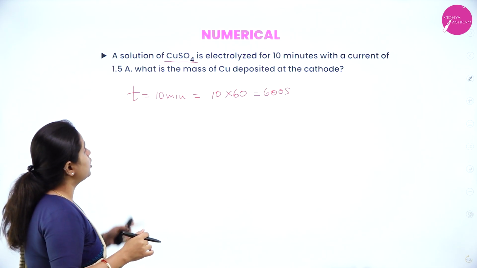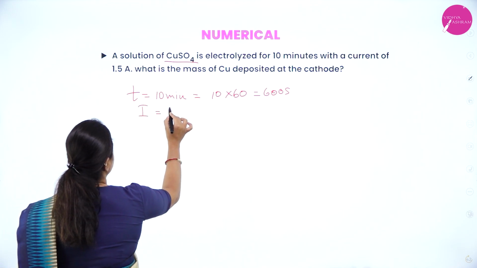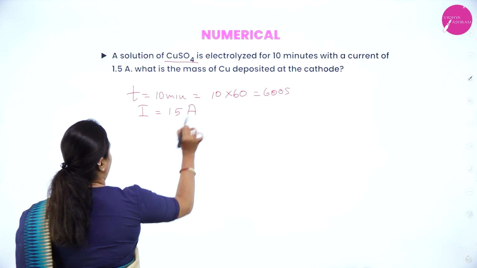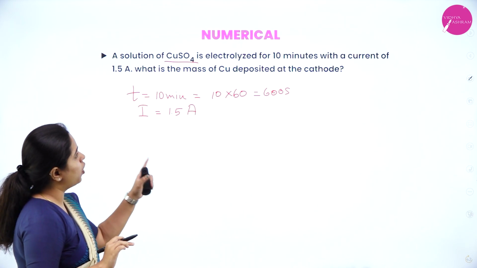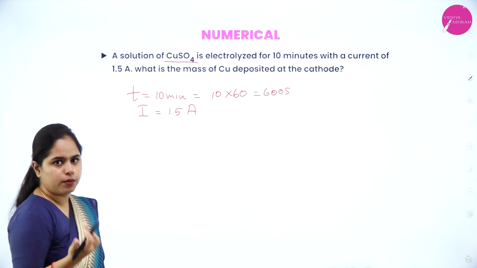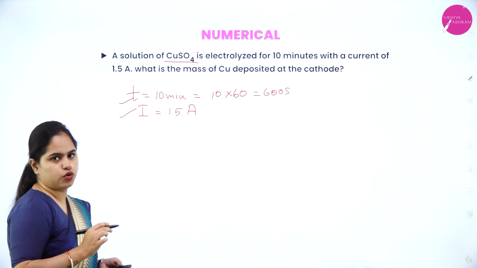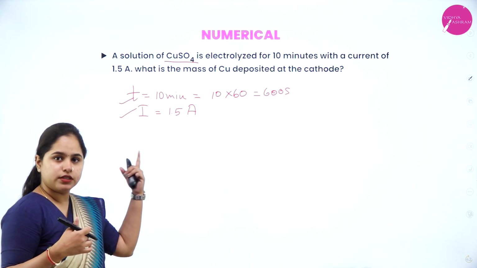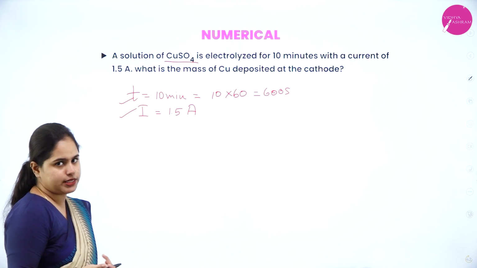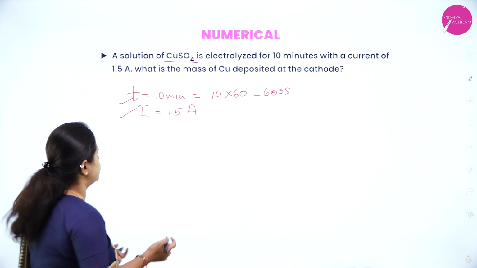Now, with a current of 1.5 ampere. So the current, that is I, is also given, that is 1.5 ampere. Now, what is the mass of copper deposited at the electrode? We have to find the mass of it. The time is given, the current is also given. The electrolyte given is copper sulfate, so we need to know what is the reaction that is taking place.